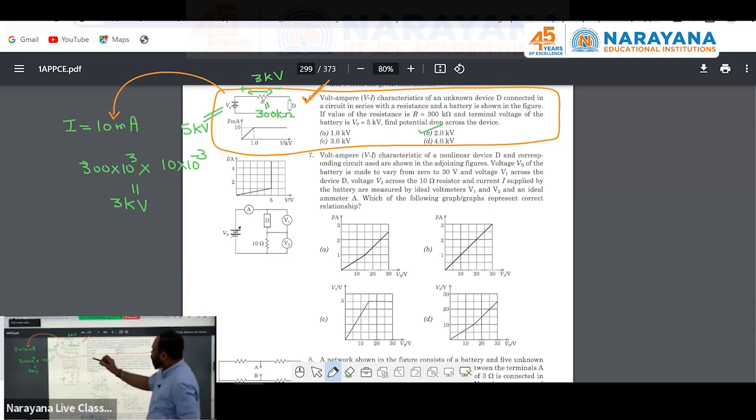This is fine that you assume the voltage across this device; let's say we just solved for some value of 10 milliampere and we got a value which is lying in that domain. That means our assumption seems correct, because I got a value of 3 kilovolt, right? Now, one more possibility is that actually I don't have that current. I mean, this voltage is less than 1 and I'm in this domain.